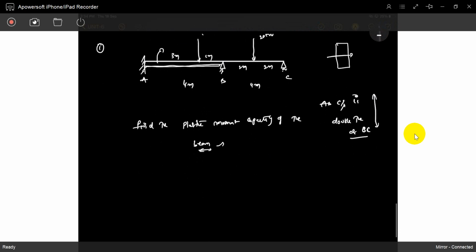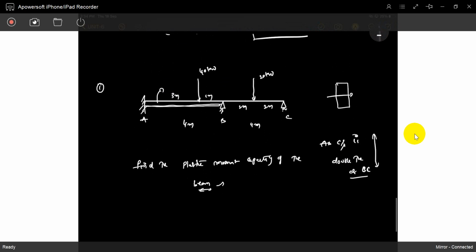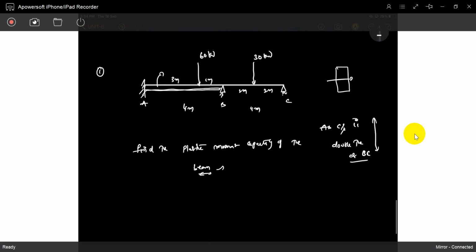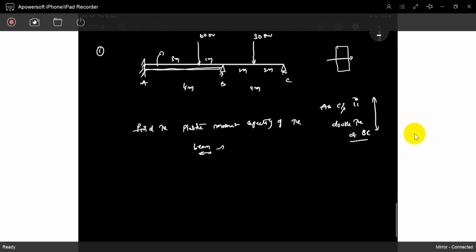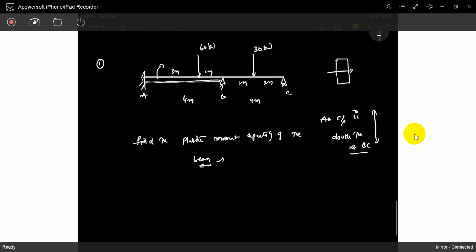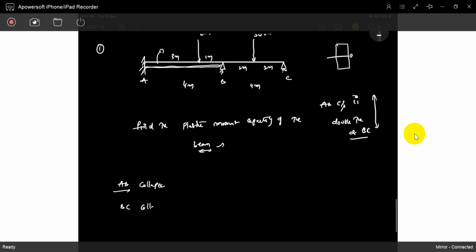Sorry, the loads are 60 and 30. Okay, let's take it. So see, the structure AB may collapse, the structure BC may collapse.